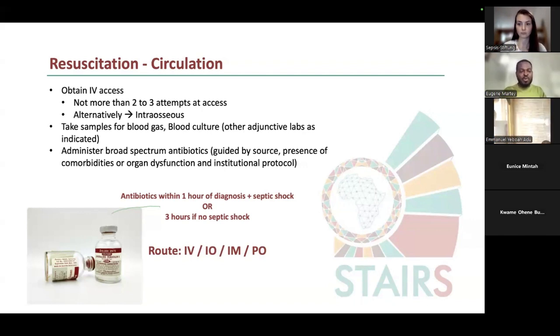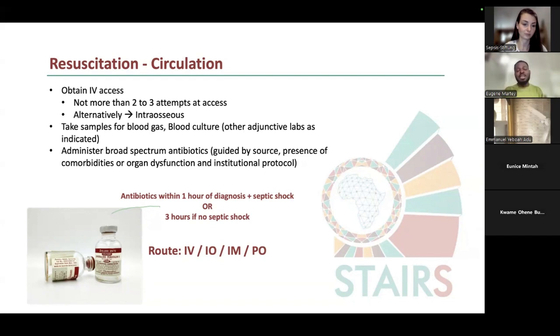Okay. Once your access is obtained, you want to give broad spectrum antibiotics. And I must say that this should be guided by where you suspect the source of the infection may be, and the usual organisms that are noted to cause infection in that source. Does the patient have comorbidities or organ dysfunction that might require you to revise your choice of antibiotic?